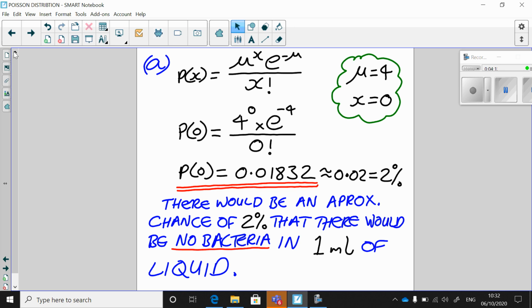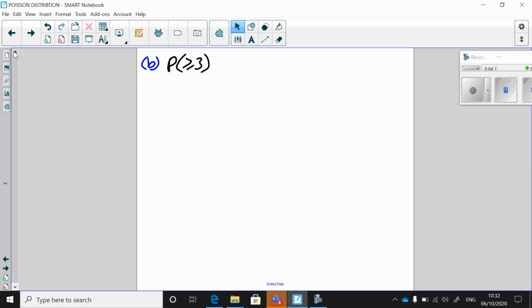Right, so that was part A, an exactly question. Part B, they wanted to know the probability of 3 or more bacteria in a 1 milliliter of liquid. So that's why I'm using the notation greater than or equal to 3.